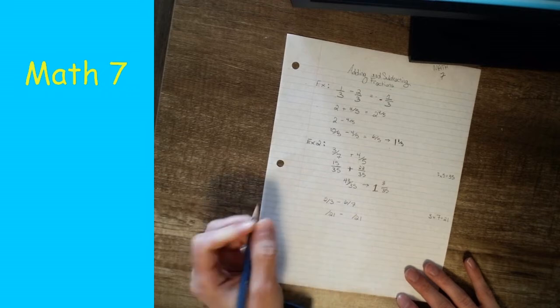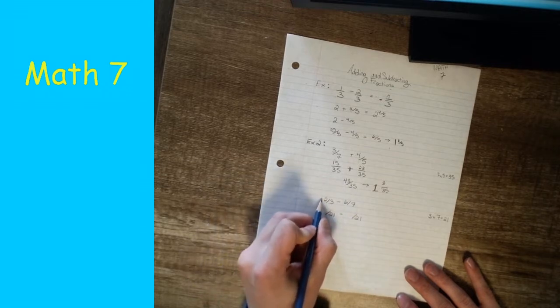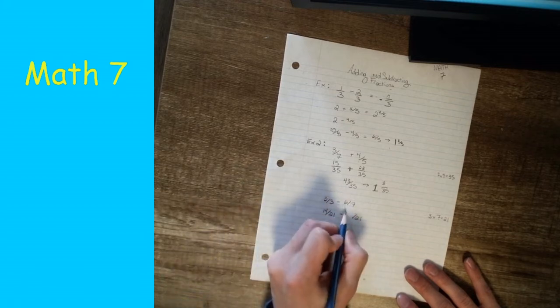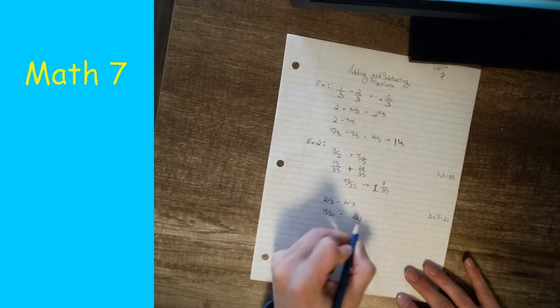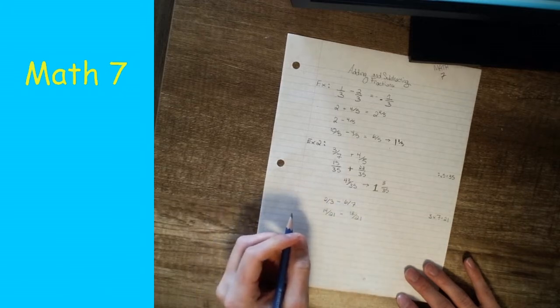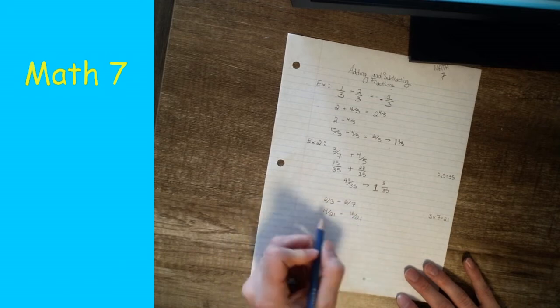I'm subtracting them. So I multiply the 3 by 7, and so I should multiply the 2 by 7. 14 out of 21. 7 by 3 is 21, so 6 by 3 is 18. 14 subtract 18. Okay.